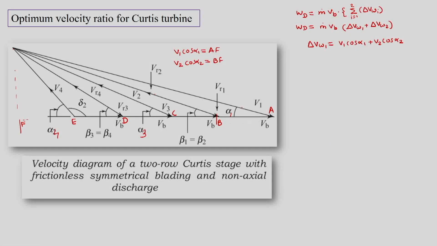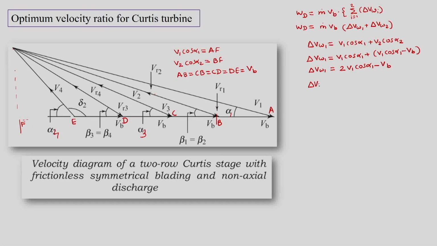So the distance AB is equal to BC is equal to CD is equal to DE is equal to Vb. So looking at that, delta Vw1 is equal to V1 cos alpha 1 plus V1 cos alpha 1 minus Vb. So delta Vw1 is equal to twice V1 cos alpha 1 minus Vb.